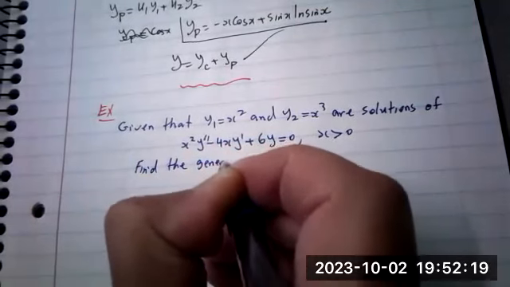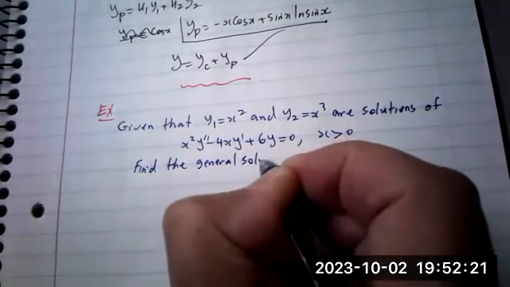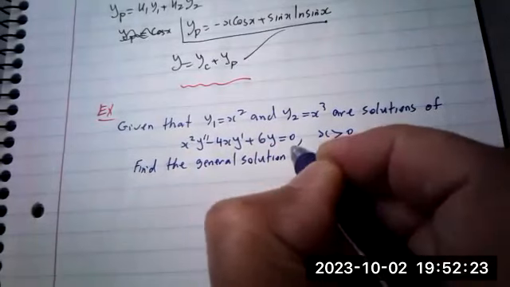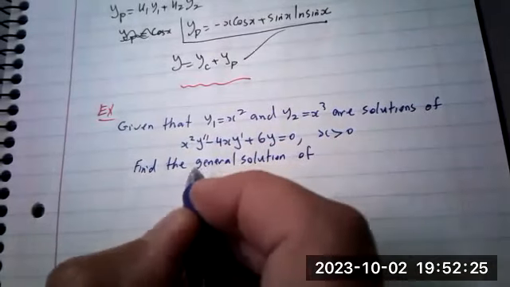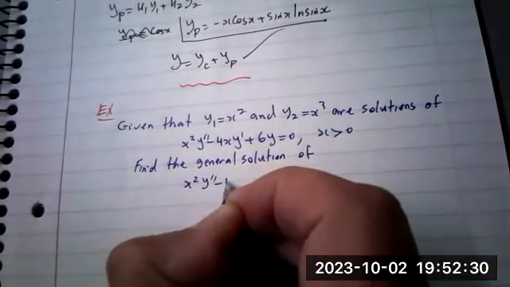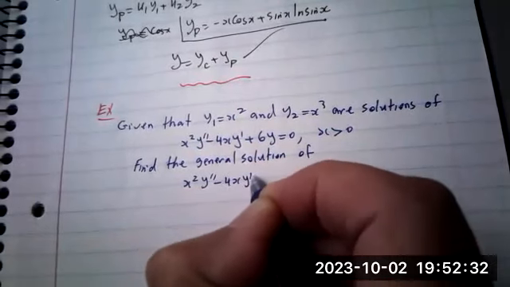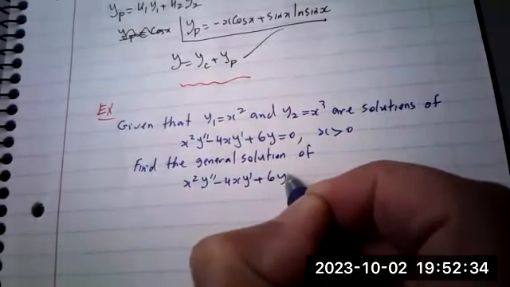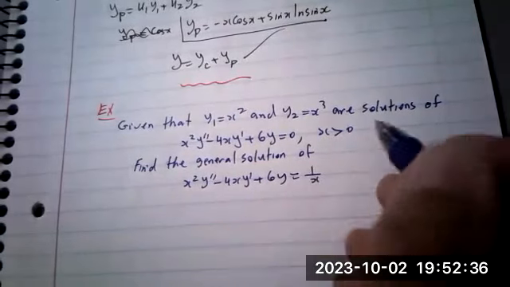Find the general solution of this equation. What is the equation? x squared y double prime minus 4x y prime plus 6y equal to 1 over x.